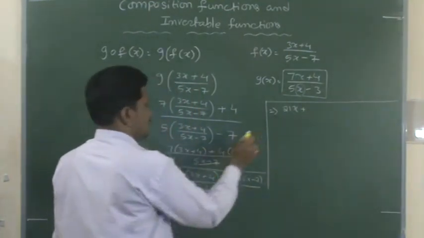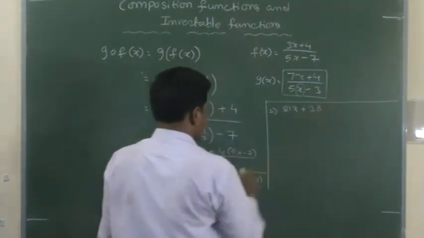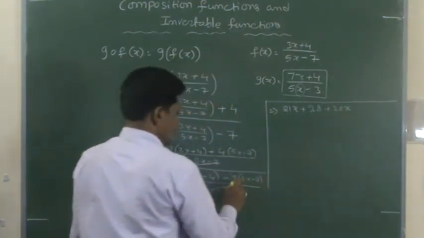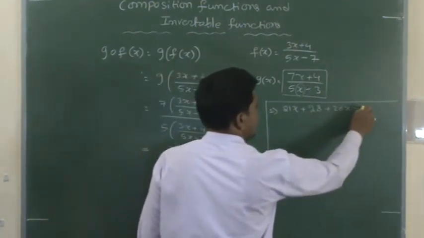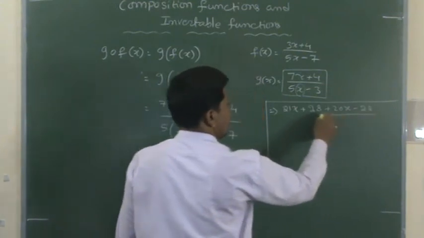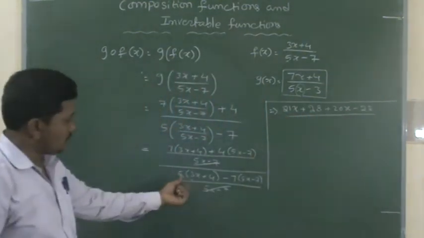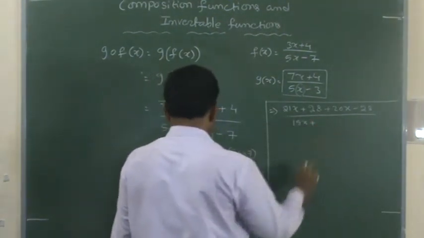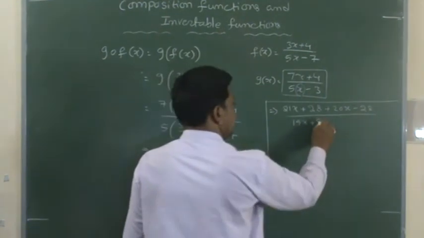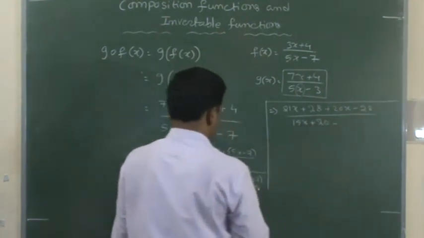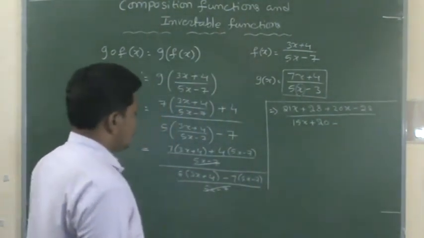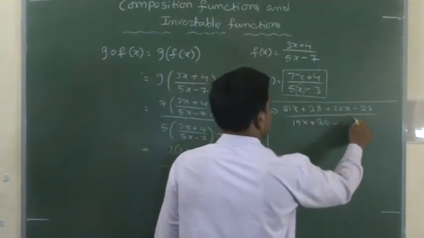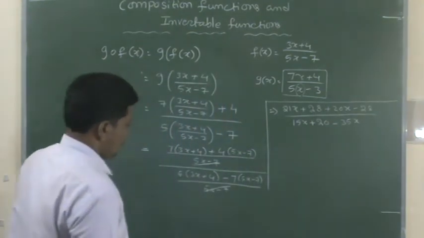Okay, this one cancels. Then we get from here 21x plus 28 plus 20x minus 28. This is the numerator term. Now the denominator term is 15x plus 20 minus, what is that one? 35x, right?